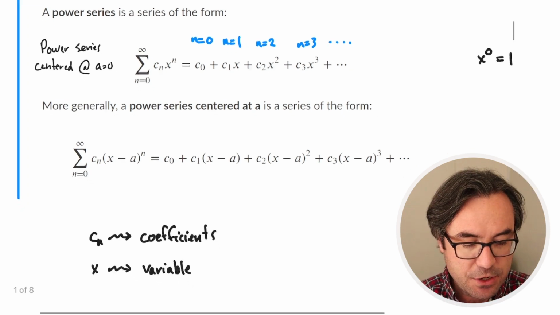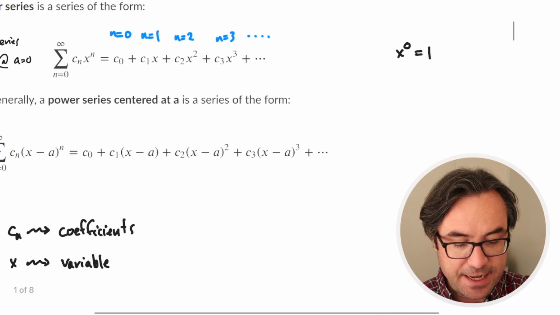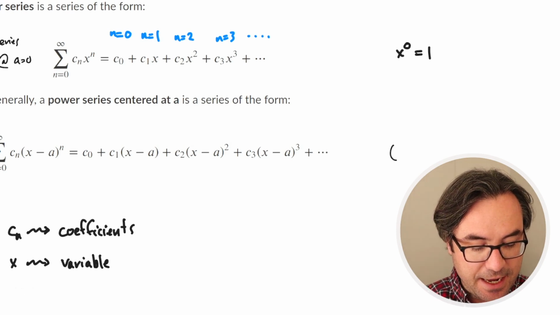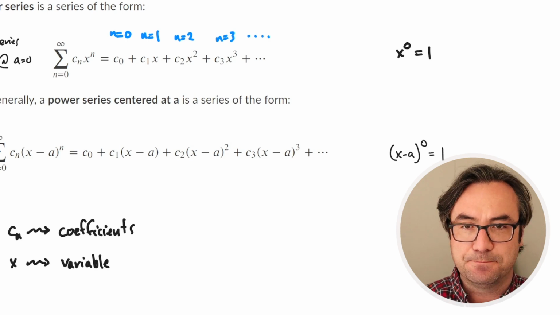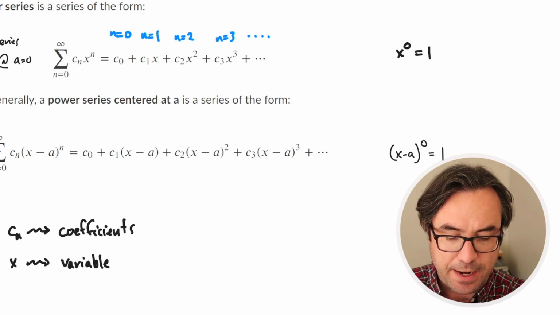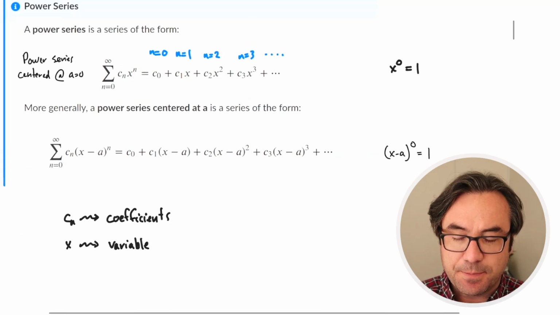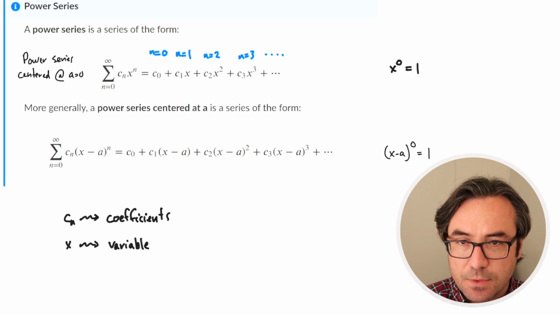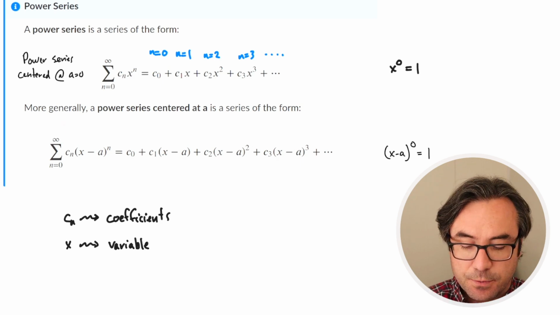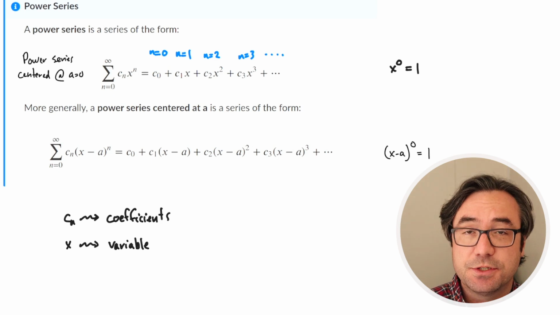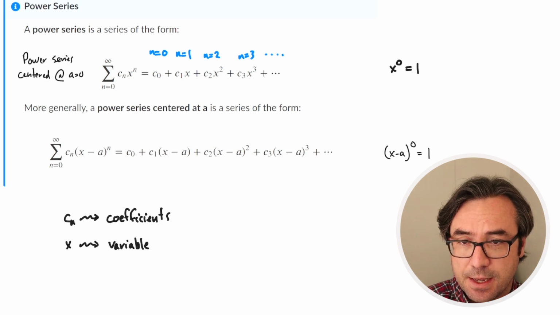And again, we're going to be using the convention that x minus a raised to the 0 power is 1 as well. Okay, so this is a power series, and we can write out the first few terms. Helpful to do that. We can also write it out in sigma notation like this.